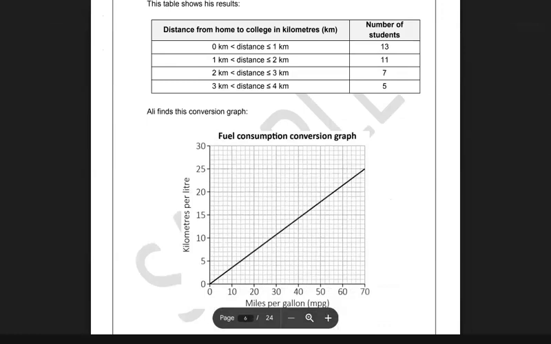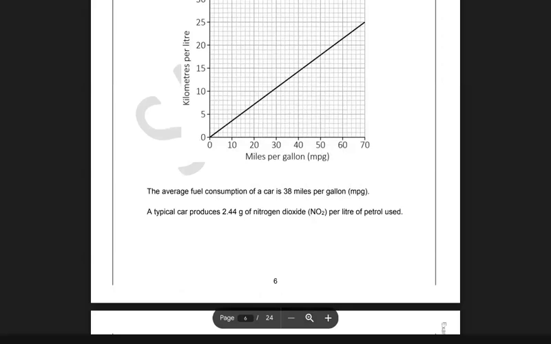They now ask you to find the conversion. The average fuel consumption of a car is 36 miles per gallon, MPG. A typical car produces 2.44 grams of nitrogen dioxide per liter of petrol used.